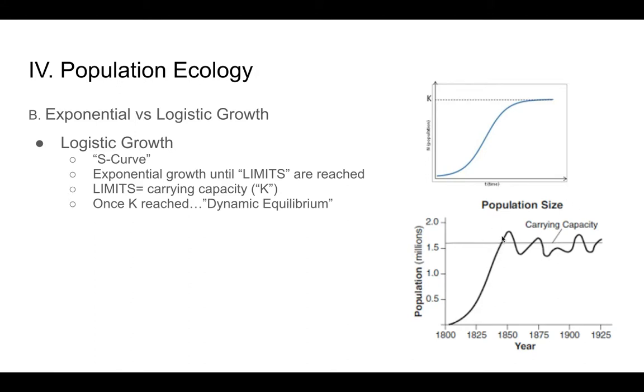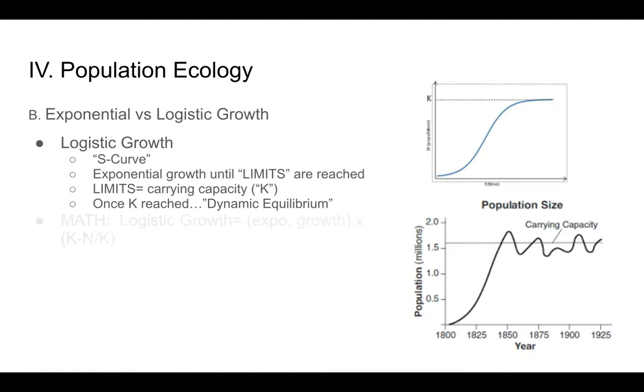Once K is reached, there's something called dynamic equilibrium, which means it doesn't plateau. It sort of goes above carrying capacity. And because of the limits, individuals die. And so it dips below carrying capacity. That leaves a little more resource availability. It climbs above carrying capacity again. And it just goes up and down and up and down and wavers here. That's a little more realistic of life.